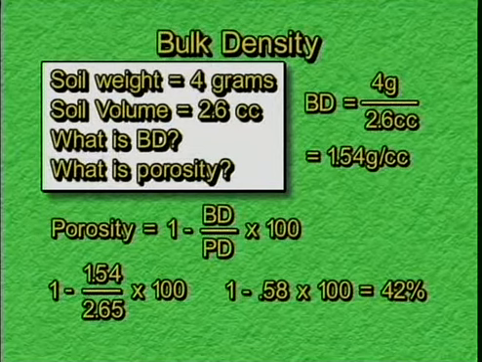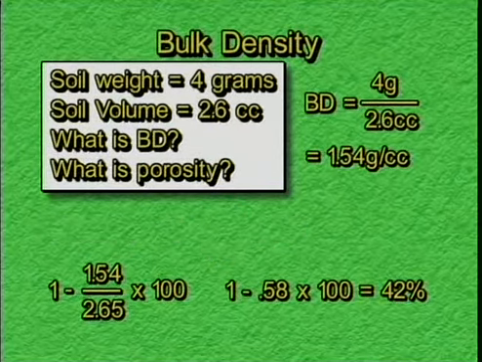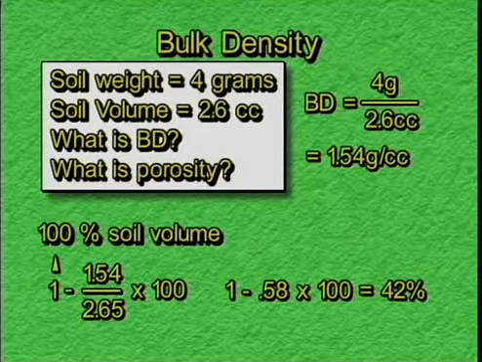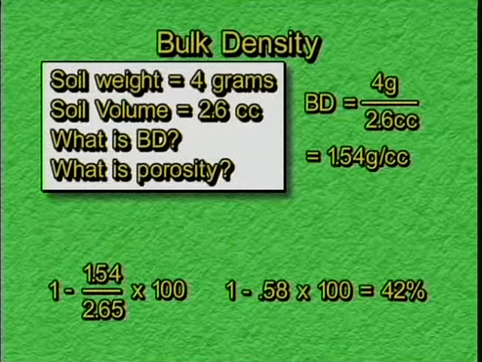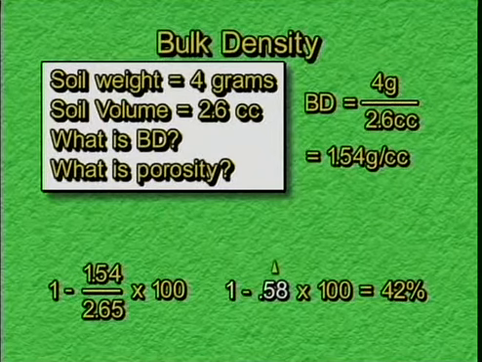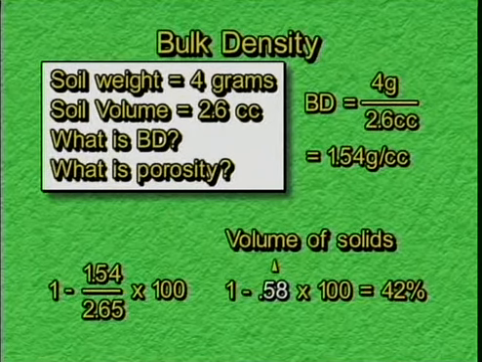If we look further at this porosity formula, what we're really saying is that if 1 represents 100% of soil volume, what would the ratio of bulk density to particle density represent? Well, that number, which in this case is 0.58 or 58%, represents the volume of solids in the soil.